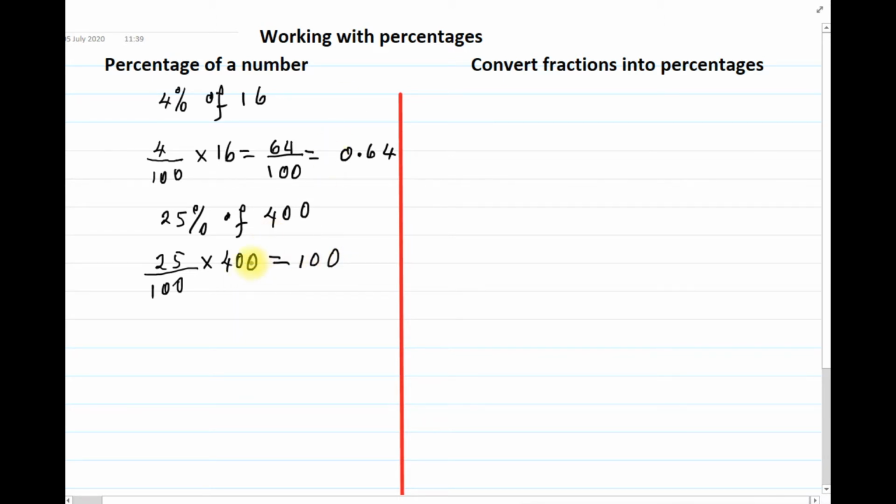To put this in a formula, if we want to work out r percent of n, this will be r times n divided by 100. So this will help you work out every kind of percentage problem that you have.